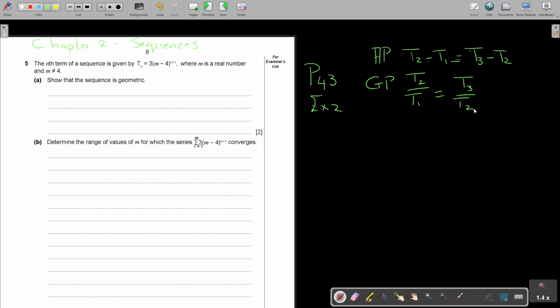Now, first, I'm going to just work out my three terms. So for the first term, I will substitute 1 in the place of n. So let's start. I will say 3, m minus 4, and it will be 1 plus 1. And the second one, 3, m minus 4, and it will be 2 plus 1.